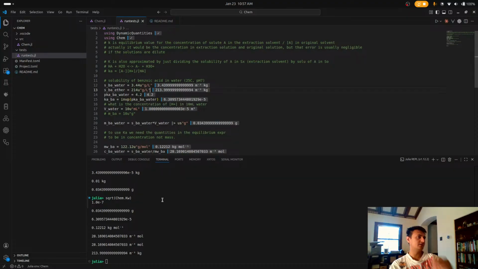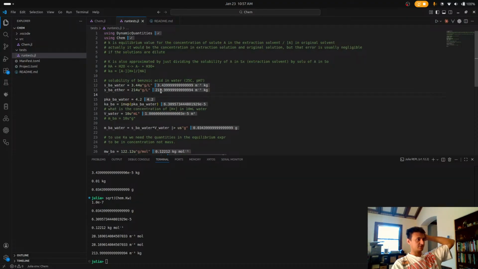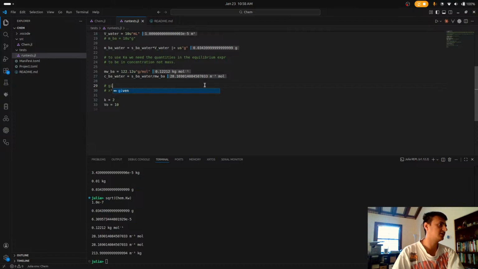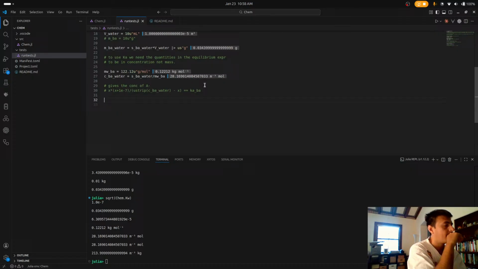Yeah, because this is the solubility. So if we put less than that, let's say the maximum that we could put in, this gives the concentration of A in... so if we wanted to find the... let's see, what am I trying to figure out?